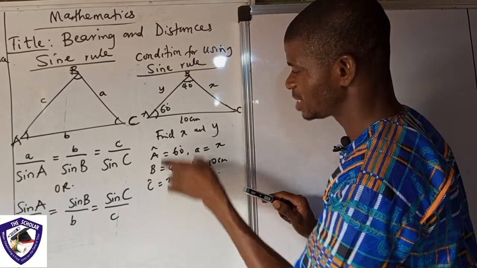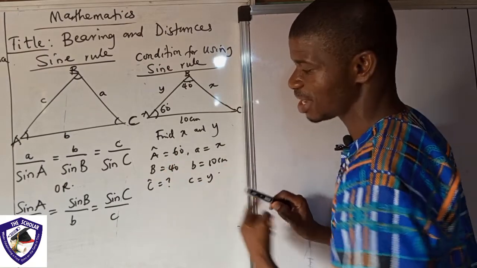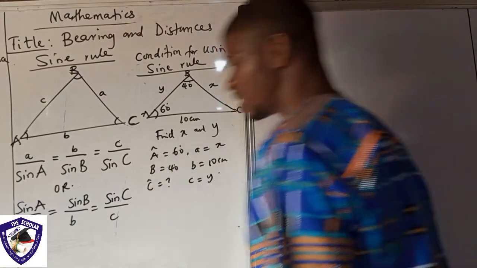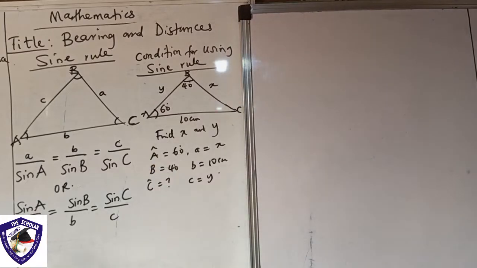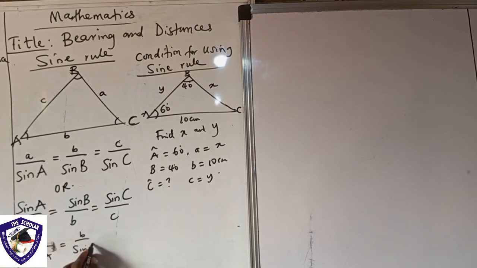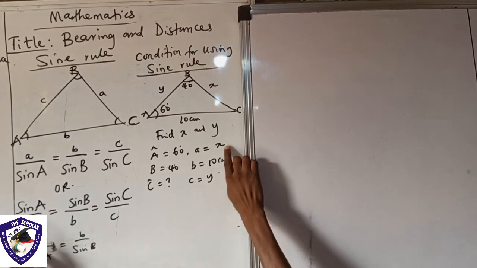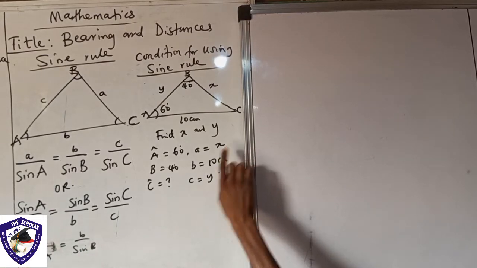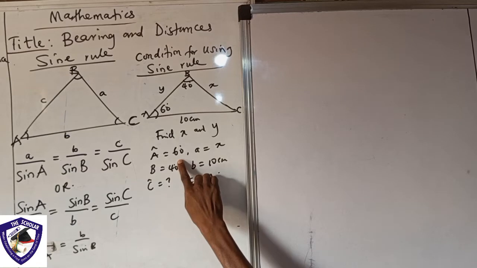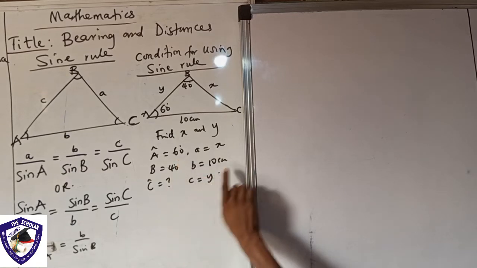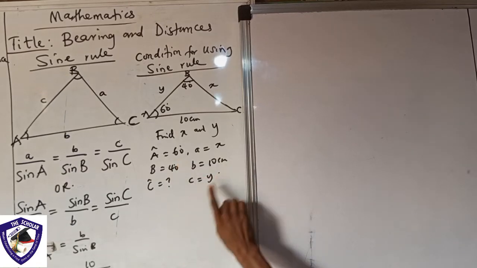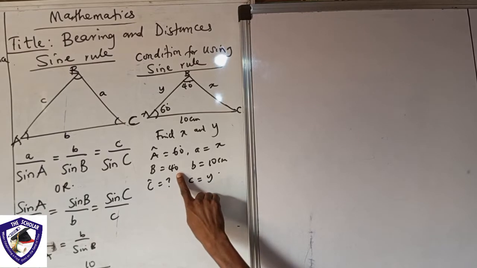So I can combine this and this one so that I can get my x. So I'm combining A and B now. From what we have, it means I have small letter a over sine A is equal to small letter b over sine B. My small letter a is x. Sine A, that is sine 60 degrees. Small letter b is 10 centimeter. Sine B, that is sine 40.